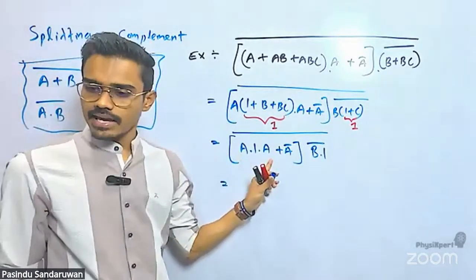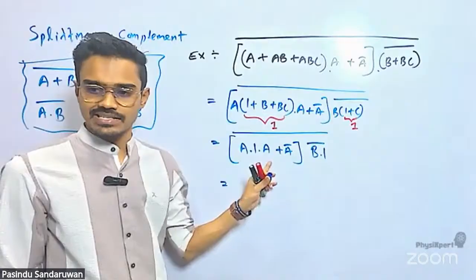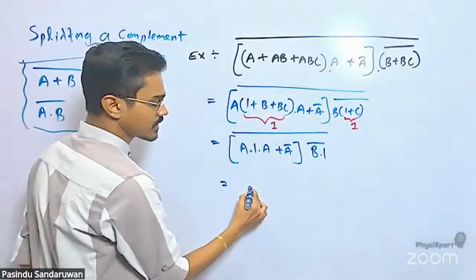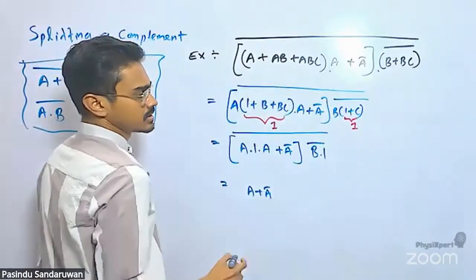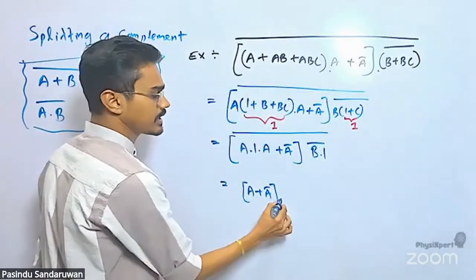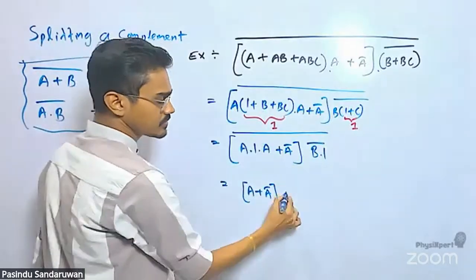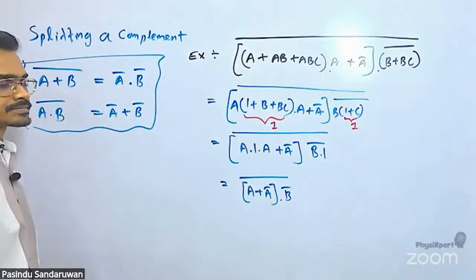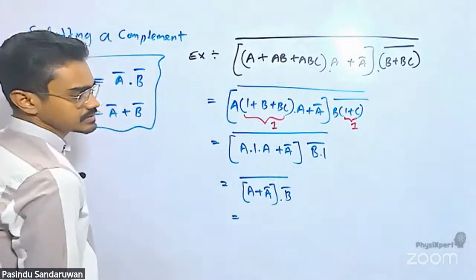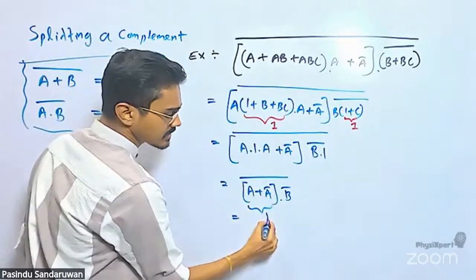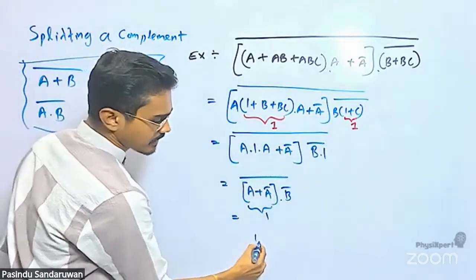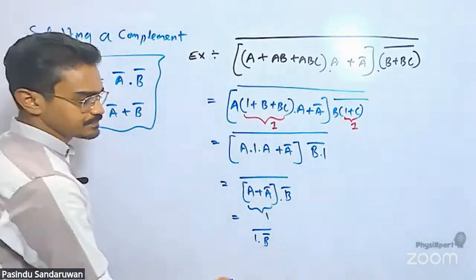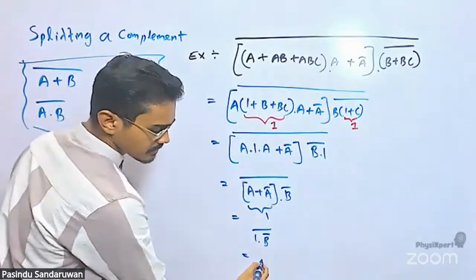A dot A is A, as we simplified earlier. Then A dot 1 is A again. Then we have A plus A bar in this square bracket. B dot 1 is B, this is B bar, and a whole bar. A plus A bar is a known one, that is 1. 1 dot B bar whole bar. 1 dot B bar is B bar.